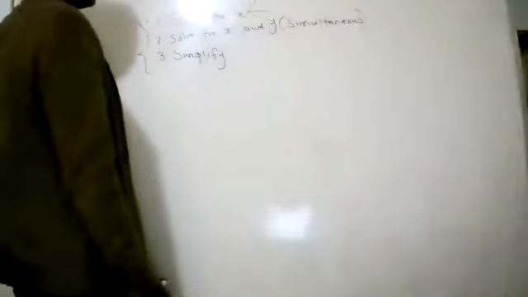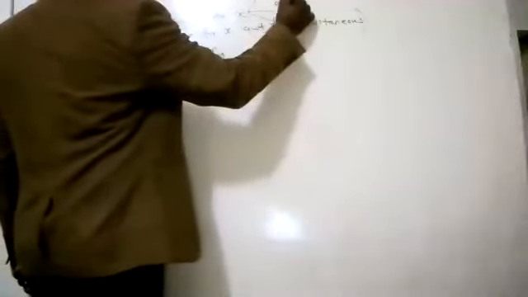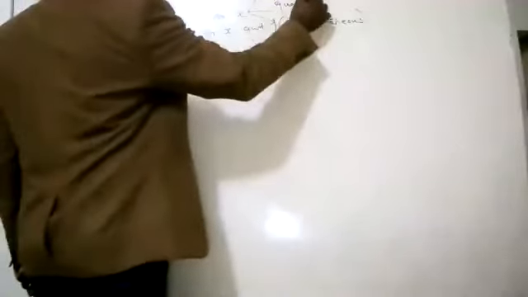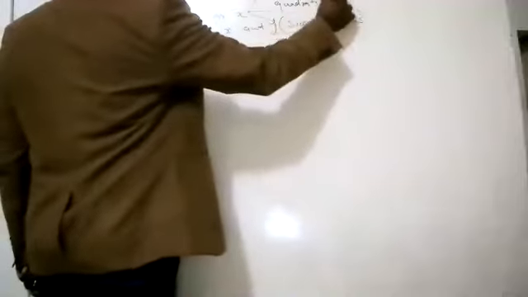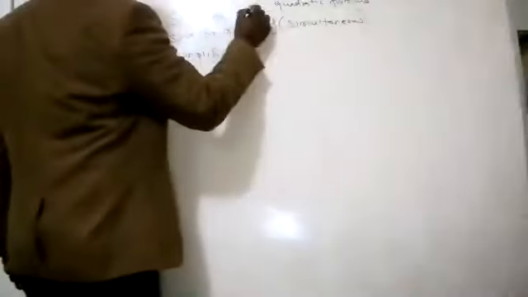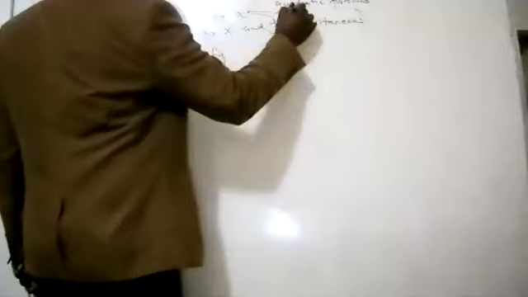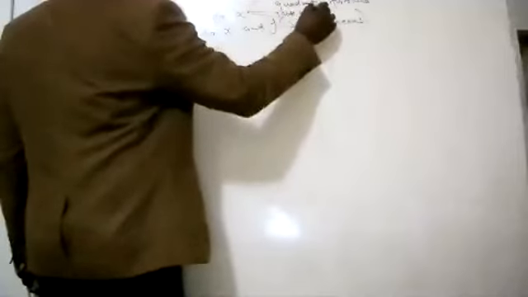The second method to solve for x is the quadratic formula. We must apply the quadratic formula to find the value of x. And the last one, we are going to use either the table or the graph methods.